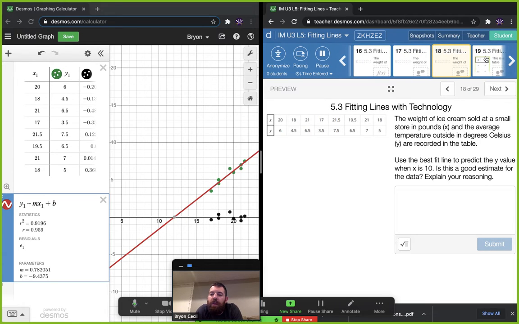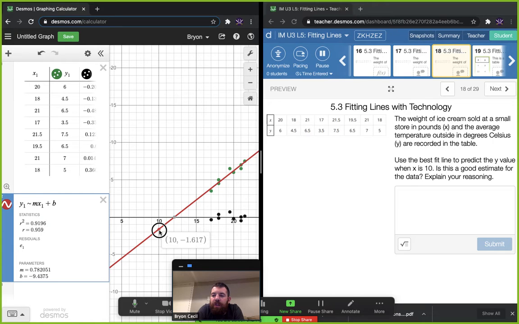Use the best fit line to predict the y value when x is 10. Is this a good estimate for the data? When we look here, guys, I come down here, and at 10, I'm at negative 1.617.